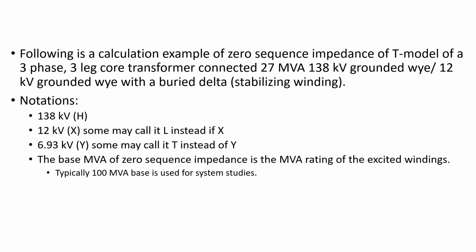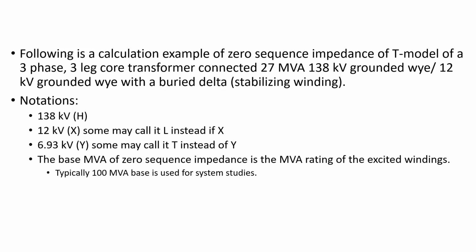In the following slides, I'll provide a calculation example of zero sequence impedance, and then how to build the equivalent T model of a three-phase, three-leg core transformer connected as a 27 MVA, 138 kV grounded Y on the high side and 12 kV grounded Y on the low side with a buried delta, also called stabilizing winding.